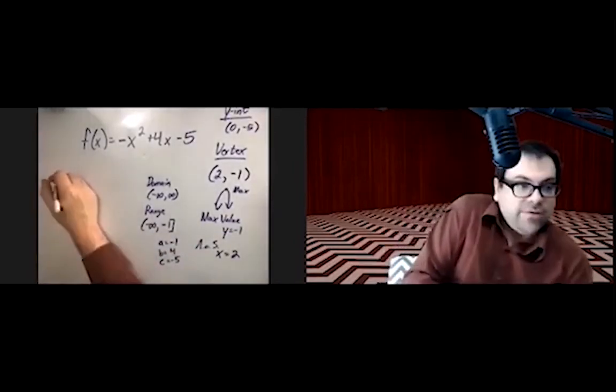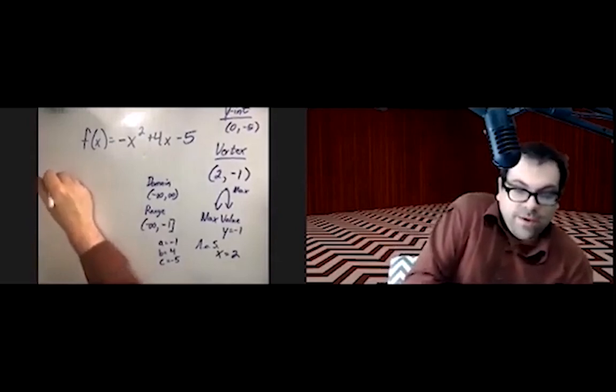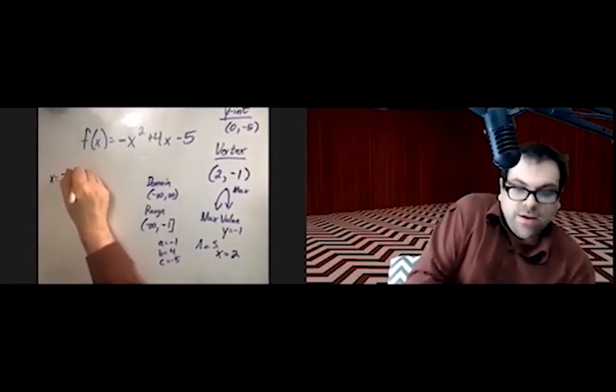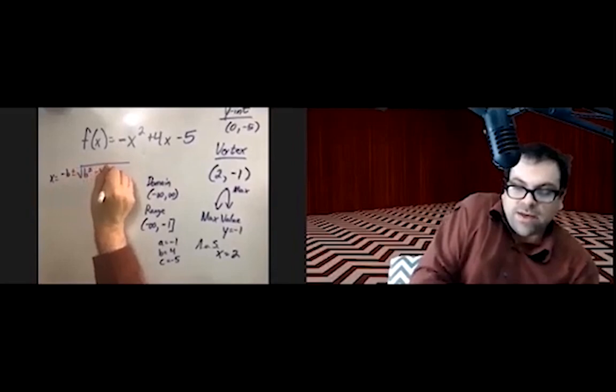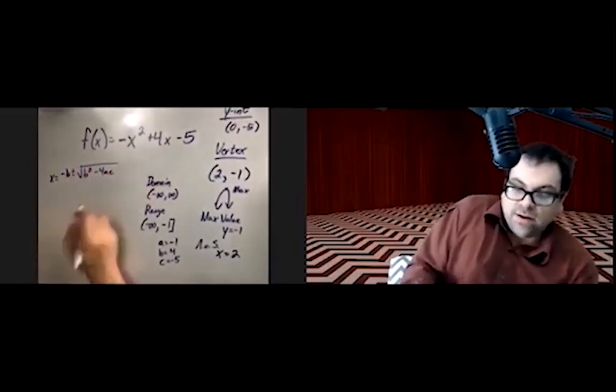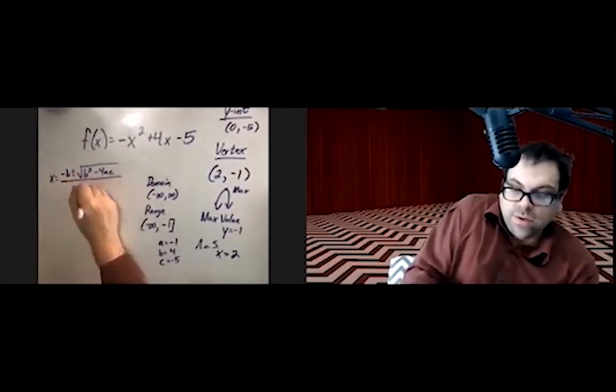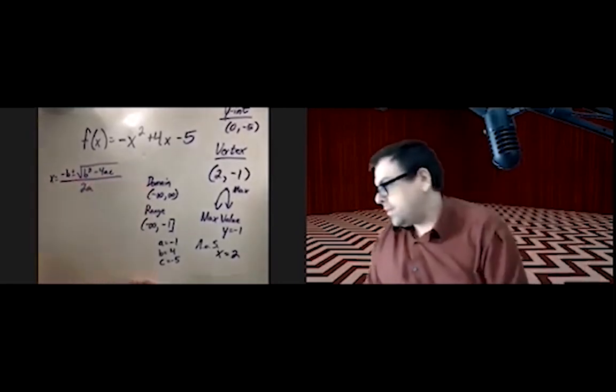So what is the quadratic formula? x equals negative b plus or minus the square root of b squared minus 4ac, all over 2a.